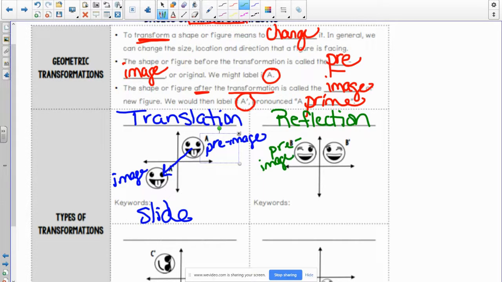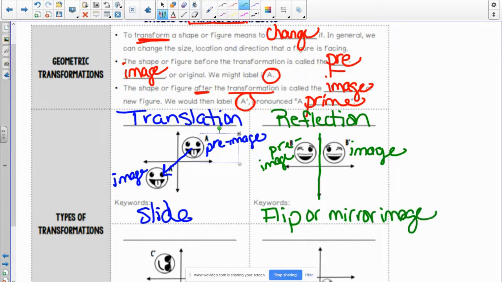And then it was reflected over this line of symmetry, also known as the line of reflection, and then this is your image. So just think about a mirror image. Keywords you'll hear me say are flip, or mirror image. So we've gone over 2 of the 4: a translation and a reflection.